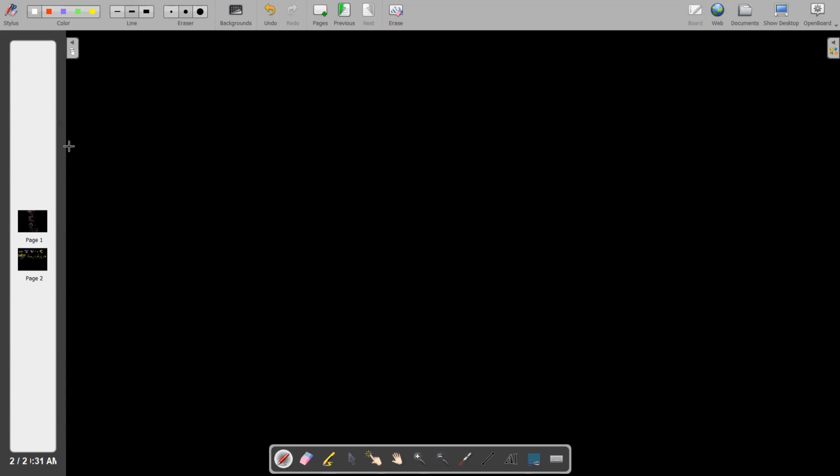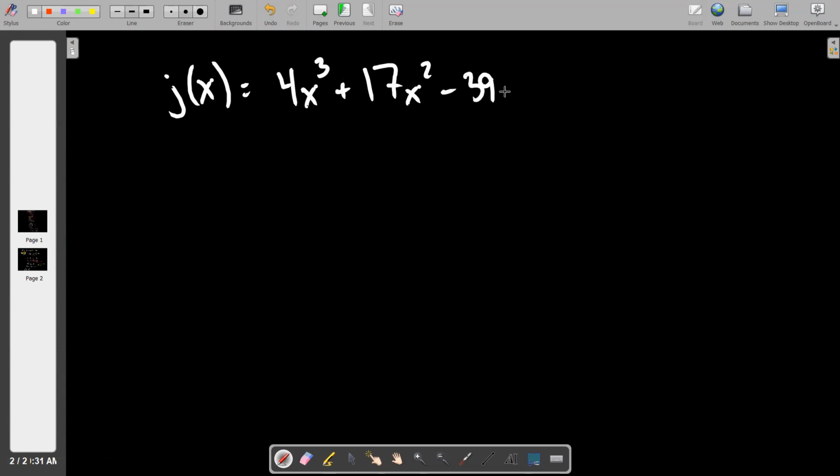Let's call this function j of x: 4x³ plus 17x² minus 39x plus 18.